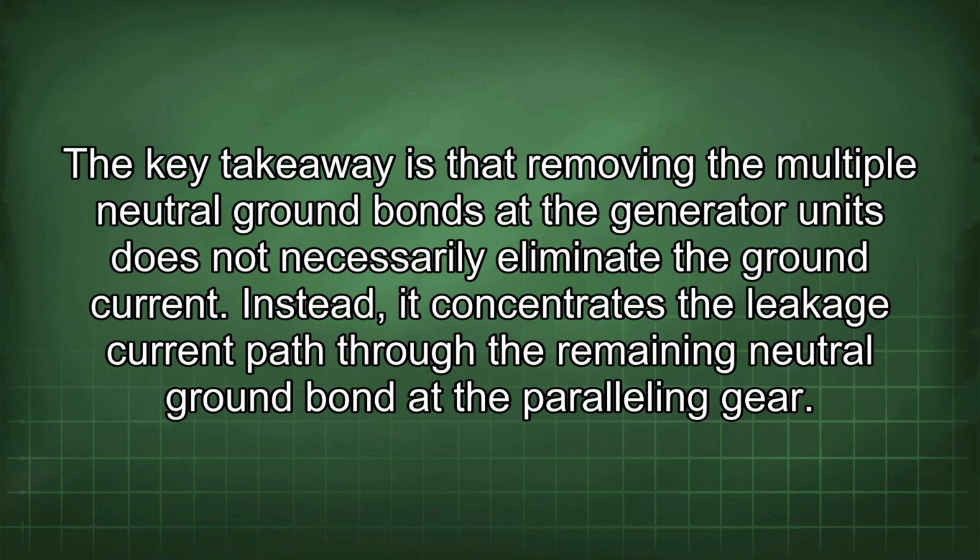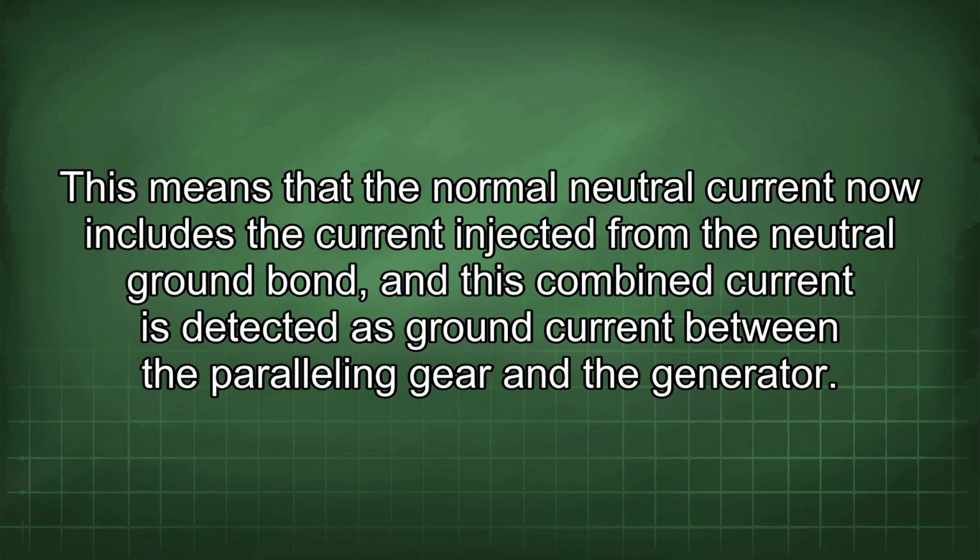The key takeaway is that removing the multiple neutral ground bonds at the generator units does not necessarily eliminate the ground current. Instead, it concentrates the leakage current path through the remaining neutral ground bond at the paralleling gear. This means that the normal neutral current now includes the current injected from the neutral ground bond, and this combined current is detected as ground current between the paralleling gear and the generator.